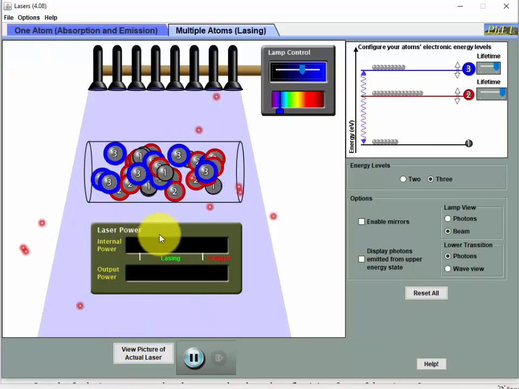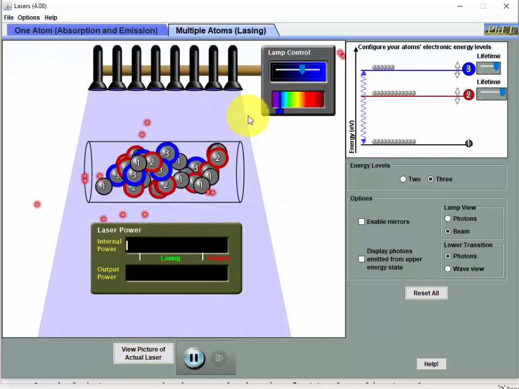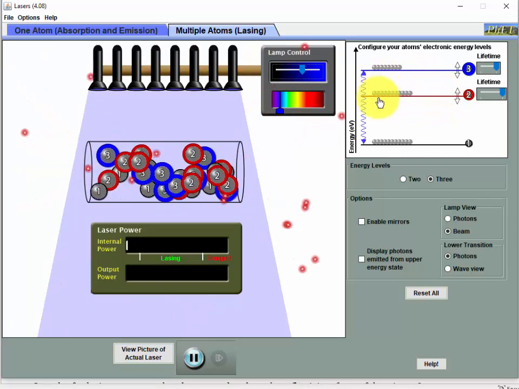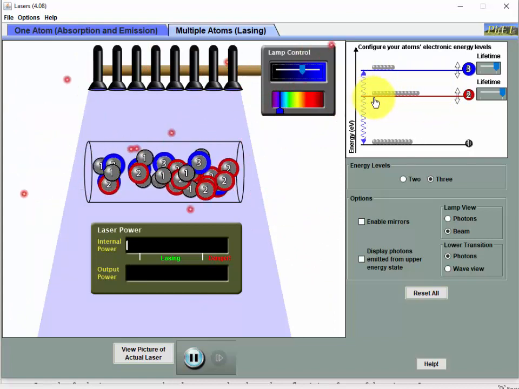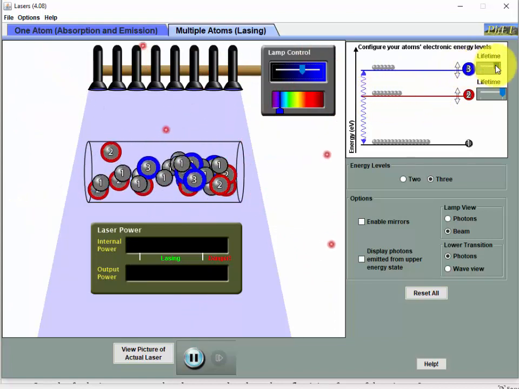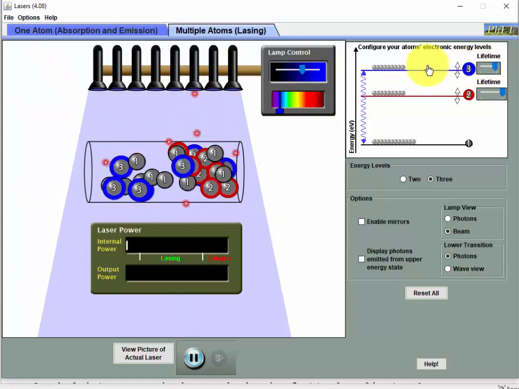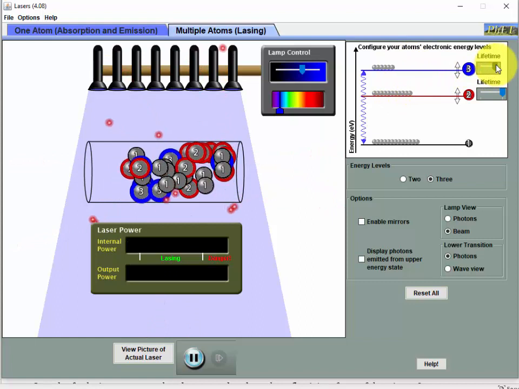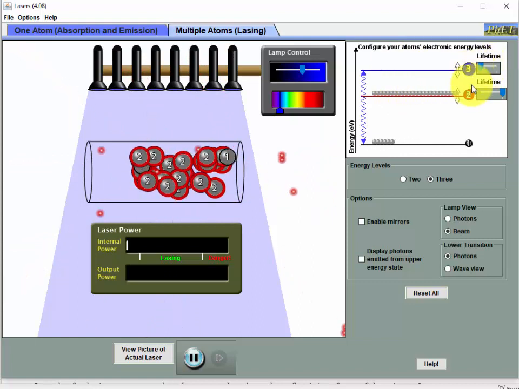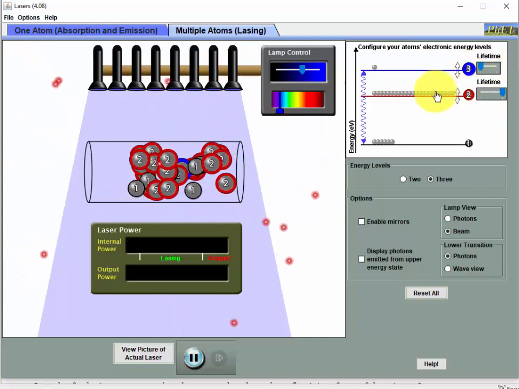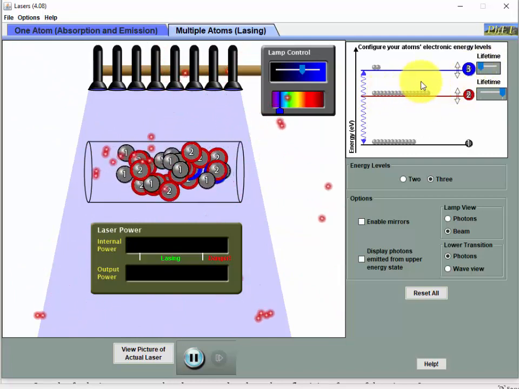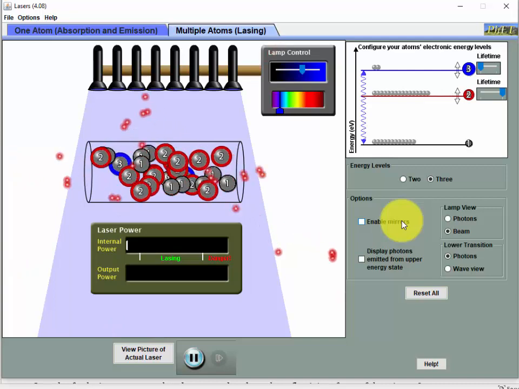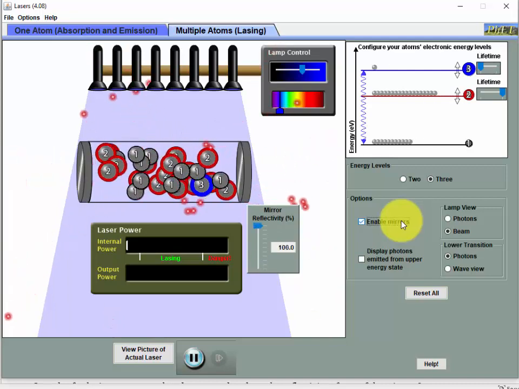What we're essentially trying to do is build a population inversion, and what that boils down to is we want to have lots of electrons hanging out at this particular level. So I'm going to decrease the lifetime of level number 3 and hope that these electrons will jump down into level number 2 and we'll get a large population hanging out there. Now you can see we're seeing a lot more red light.